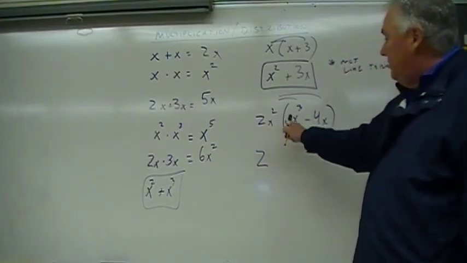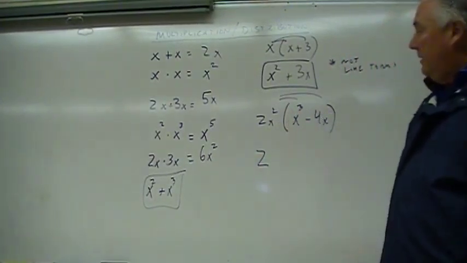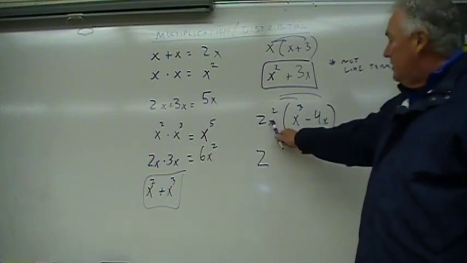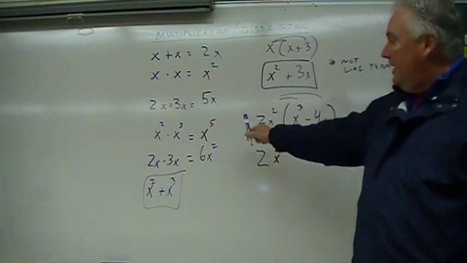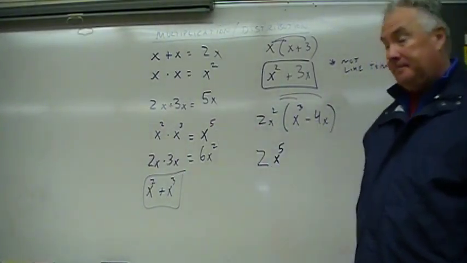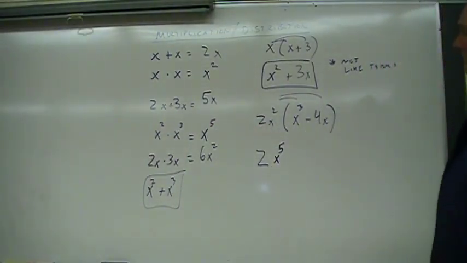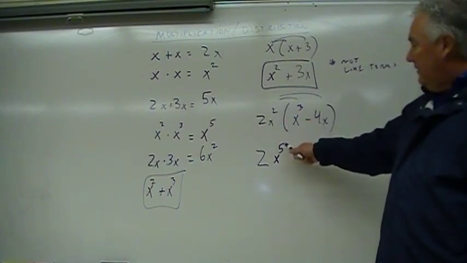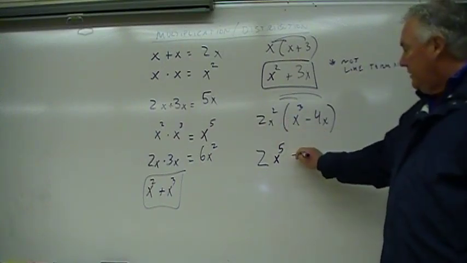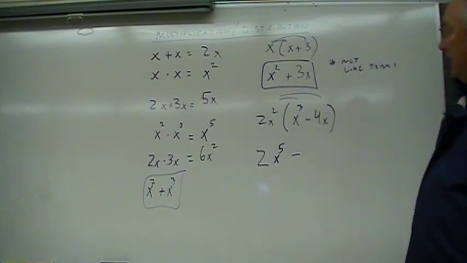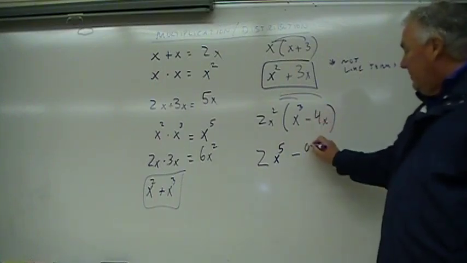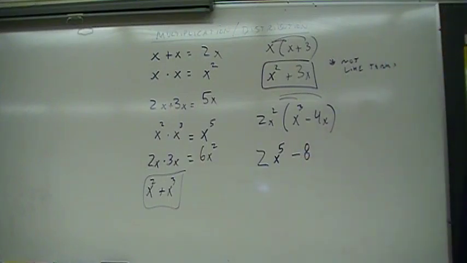It's 2, because 2 times 1, there's a 1 right there. X squared times x to the third is x to the fifth, as we saw right here. So 2x to the fifth. We got a minus here. The minus travels down, or you can consider it 2 times negative 4, and that's going to be minus 8.